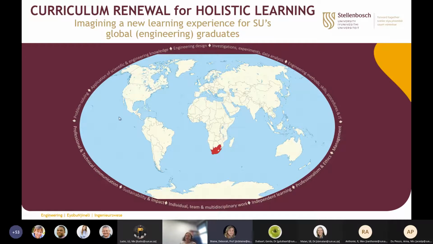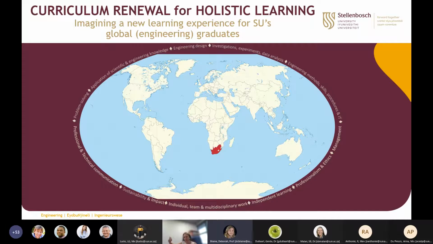So if you look at the bottom of the world here, well, actually, let's start at the top. At the top, you've got a whole lot of, and the text is a bit small, but it's all of the technical skills: problem solving, application of science and engineering knowledge, design, analysis, all of those things.